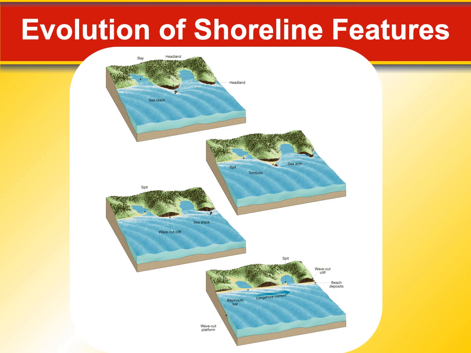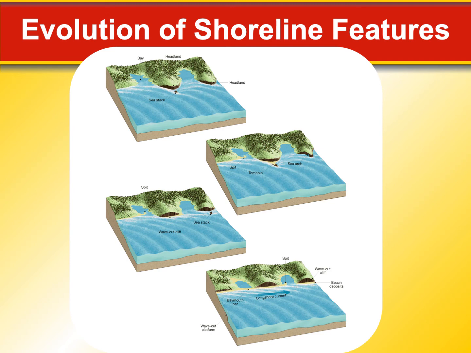And you can see those in the pictures above as well. Usually you have those in association with sea stacks, sea caves, and sea arches, because as they erode back, you've got that big cliff there. In the very bottom picture, we can actually see the wave-cut platform, which is where the waves have cut away down below in the bottom of the picture.